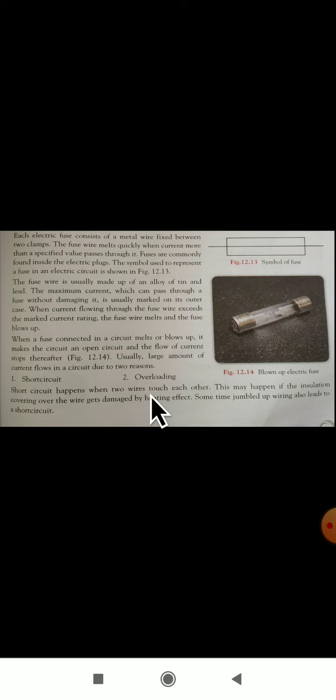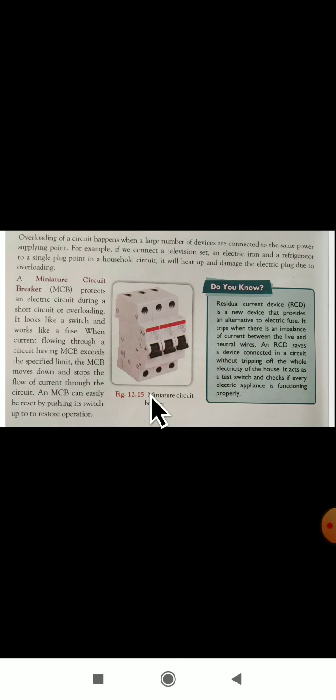Why does a large amount of current flow in a circuit? One is a short circuit and the other is overloading. Overloading of a circuit happens when a large number of devices are connected to the same power supplying point.